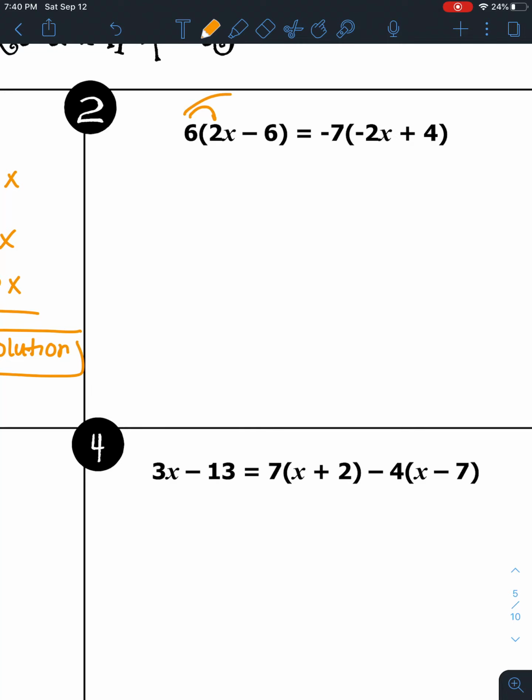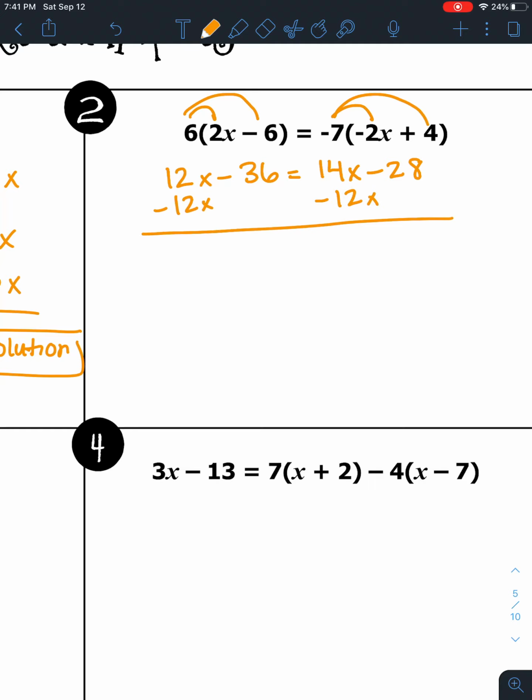I'm going to multiply the 6 inside and then my negative 7 inside. That gives me 12x minus 36 equals 14x minus 28. I'm going to go ahead and solve by minusing 12x from both sides. That will give me negative 36 equals 2x minus 28.